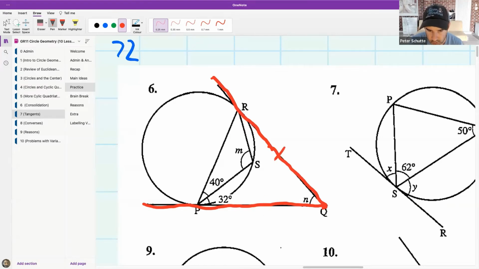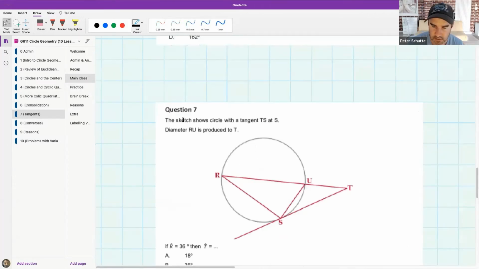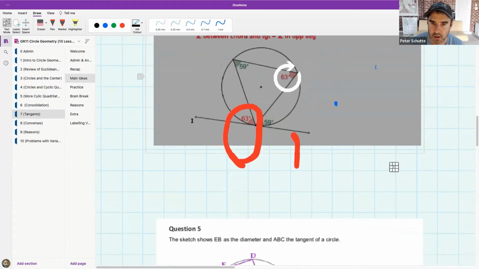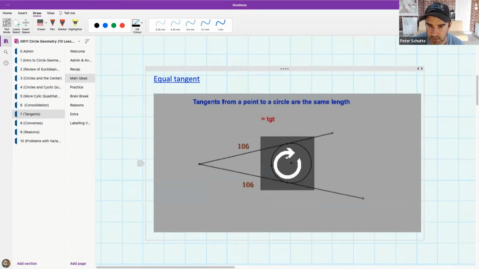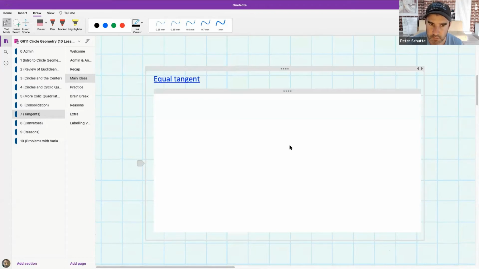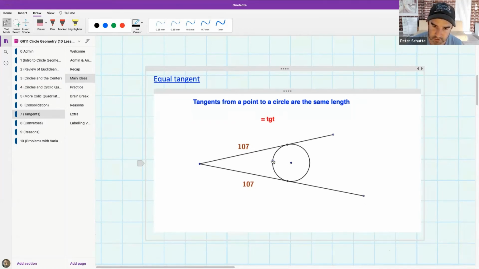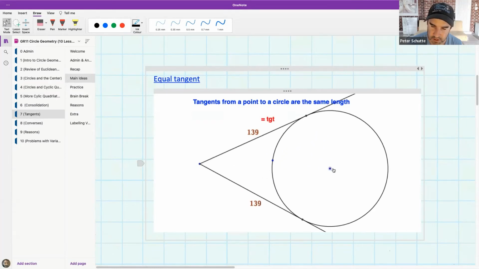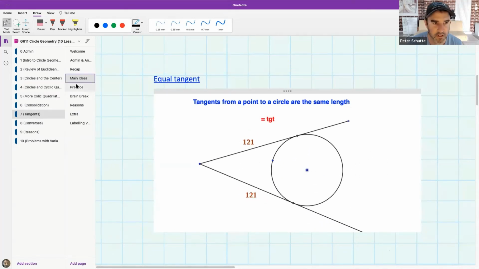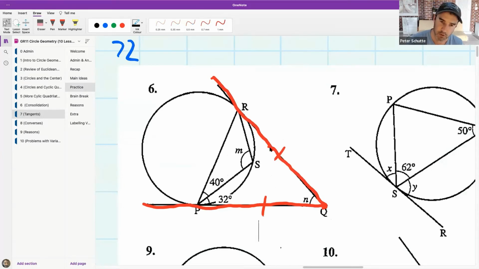So we know that these are going to be equal. Tangents from a common point have two lines that are exactly the same. If we go back for a second, if you look at the line 106, look at how it's got a matching partner below. And if I move this, it always matches, they're always of equal length. So that's what I'm using.